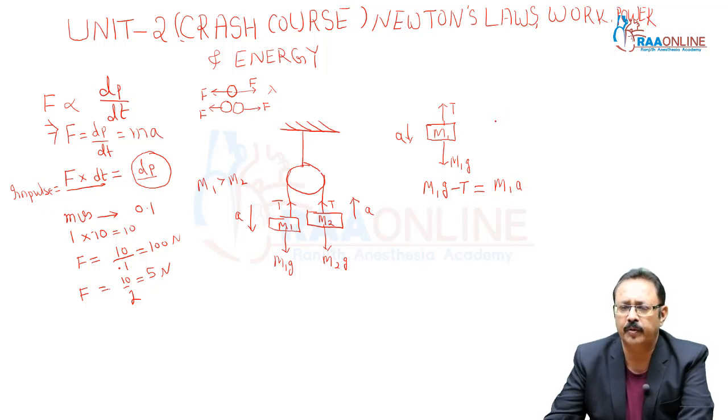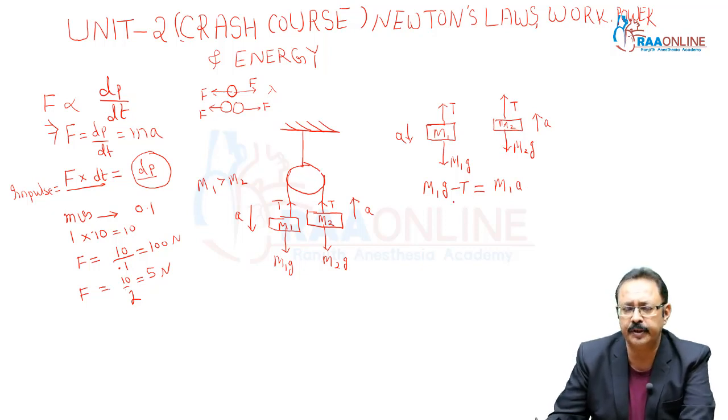Now I am talking about m2. m2g is acting in downward direction, tension T in upward direction. It is moving in upward direction with acceleration a. It means T should be greater than m2g. So by which force is it going upward? T minus m2g. But according to Newton's second law, it should be m2a.